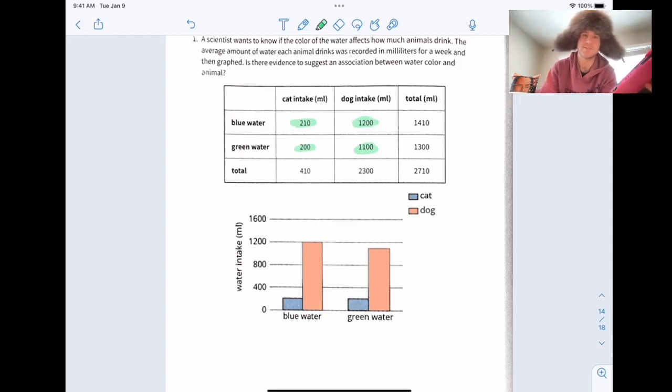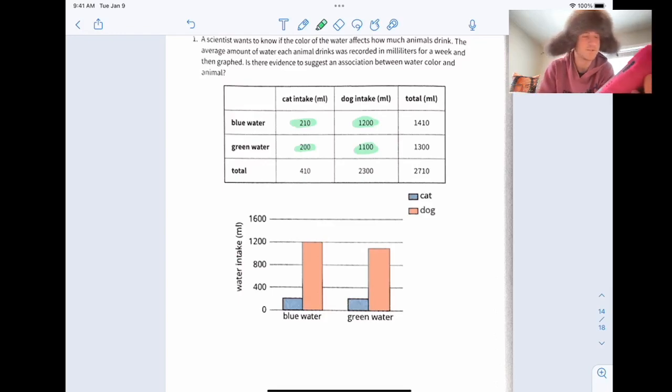The difference between 210 and 200 is 10 out of 410. Let's see, 10 divided by 410 is 0.024. So about 2% more cats are drinking blue water as opposed to green water. 2% is not a big difference.